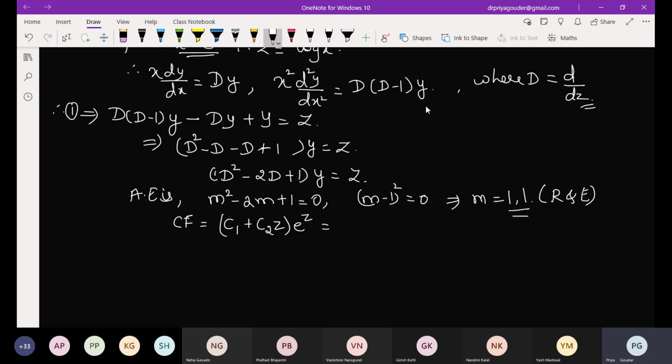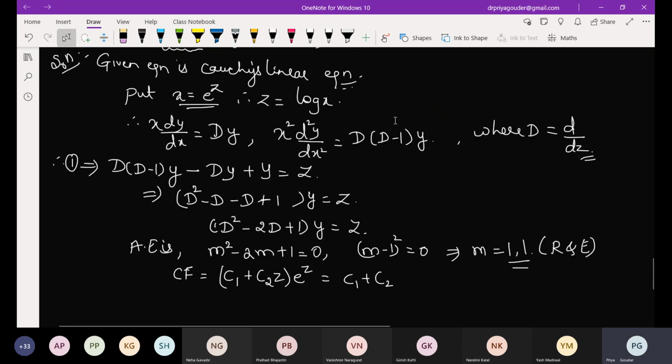Now, if you want, you can convert in terms of x only. If it is not complicated, substitute back. So C1 no change, C2 no change. Tell me what is the value of z in terms of x? Z is log x. How should I write e raised to z in terms of x? e raised to z is x.